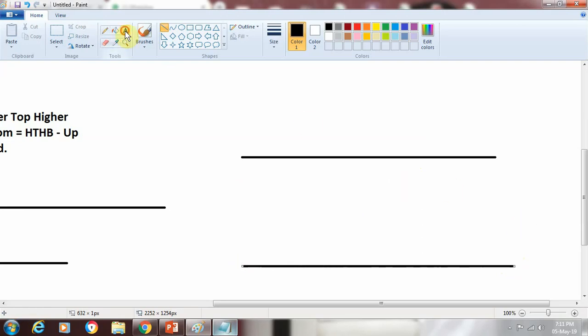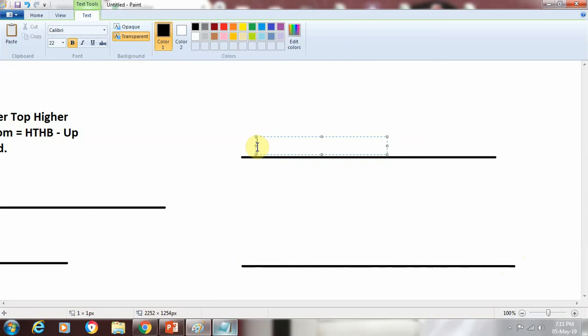Say this is the level of 1250, which is acting as a supply zone, and this is say 1100, which is acting as a demand zone.